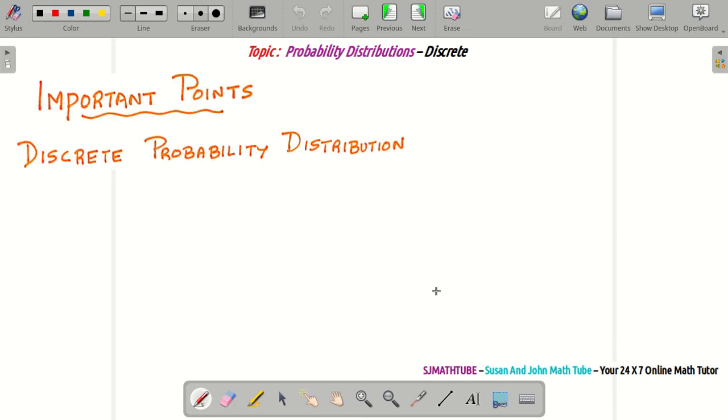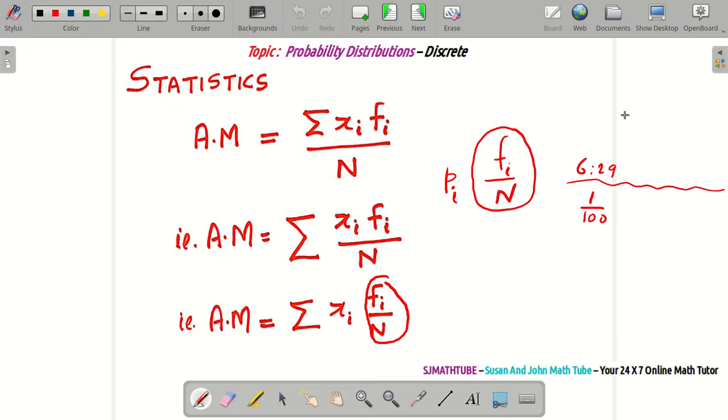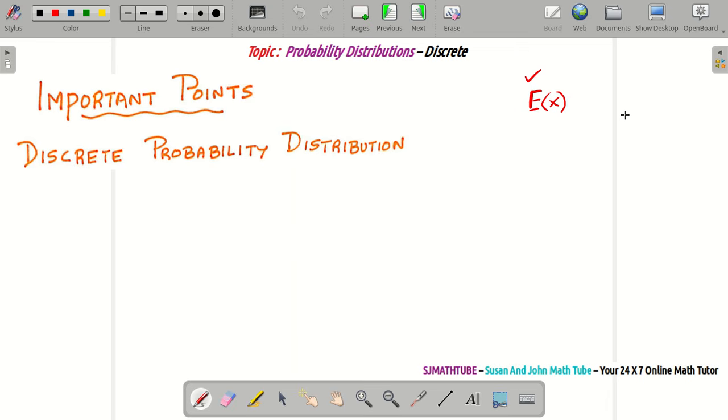So look at this. In the last example, the boy was trying to calculate the bus arrival time. So if he finds the expectation, which is nothing but the arithmetic mean, he'll get something very near to 6:31 or 6:32, and there will be a plus or minus.